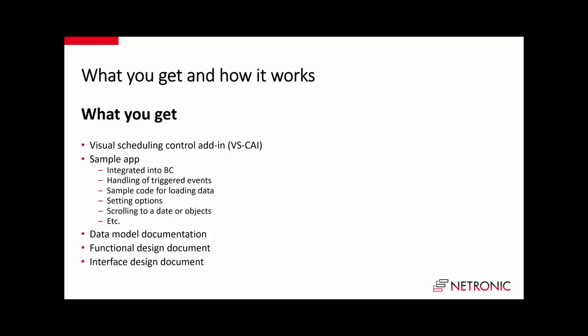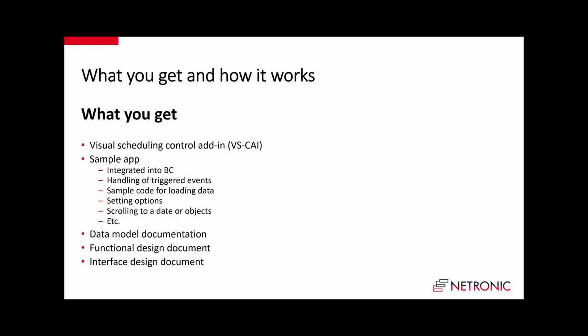This is not a template for any visual scheduler, but it is more meant to be an example so that you can see how you as a Business Central developer can actually work with the visual scheduling control add-in. And then you get documentation about the data model.